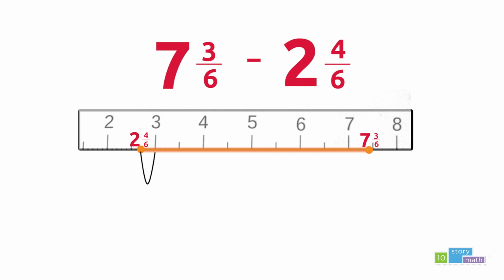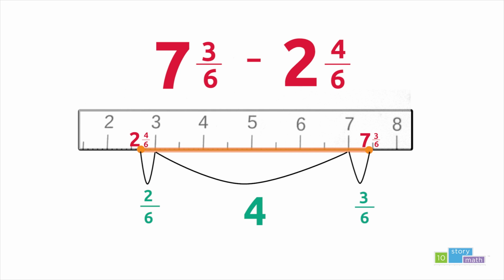It takes 2/6 to get to 3. From 3 to get to 7, it will take 4. And from there, it will take 3/6 to get to 7 and 3/6. Bring them all together, and we get 4 and 5/6.